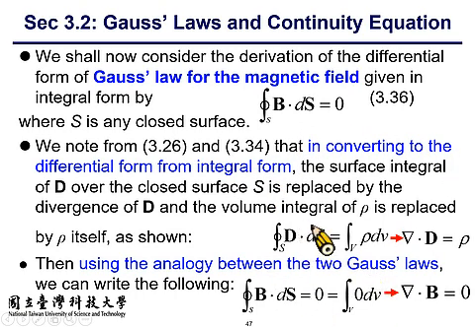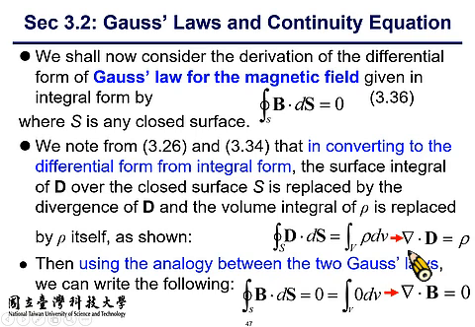As you can see here, on the left, the closed surface integral is written as a divergence, and on the right is the volume integral. For Gauss's law for the magnetic field, the right side always equals zero, because there is no standalone magnetic charge. So the divergence of B must equal zero at all times.